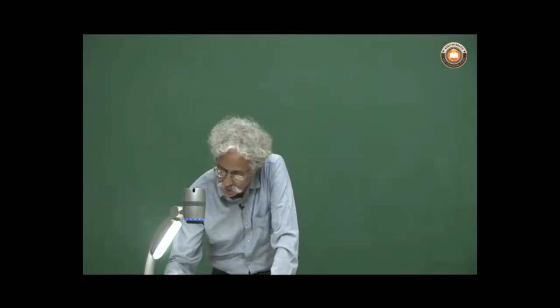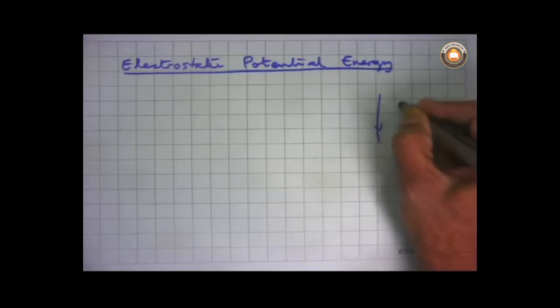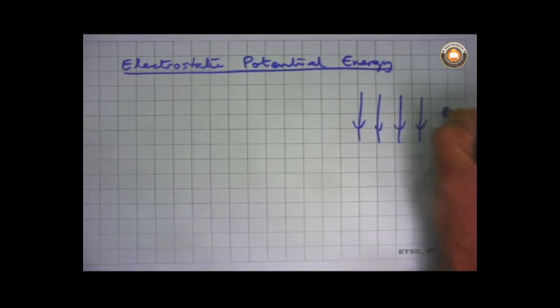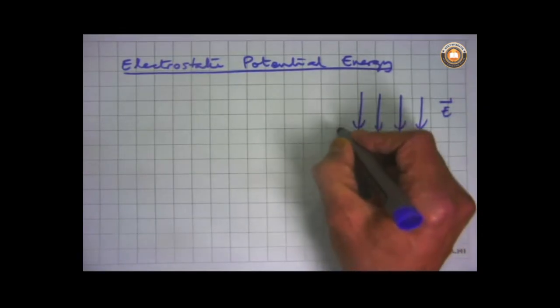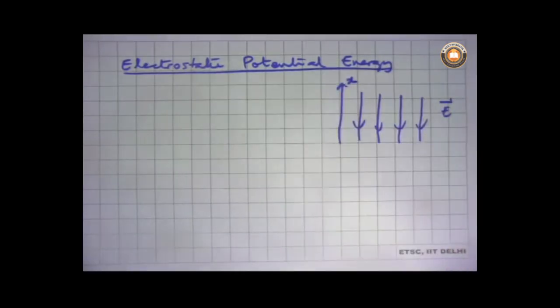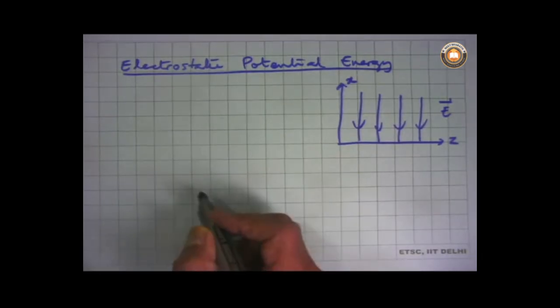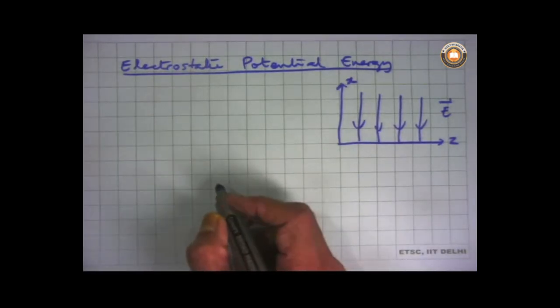So, let me assume that there is an electric field pointing down, a uniform electric field pointing downwards. Let me call this the x axis, this is some axis which I call z axis. So, I have a uniform electric field pointing downwards.